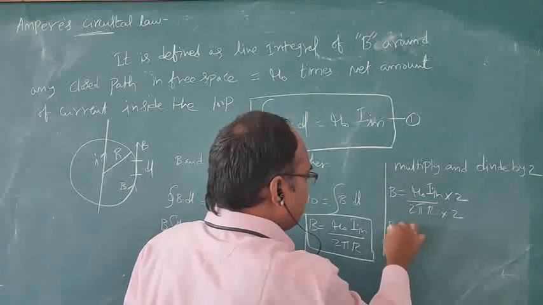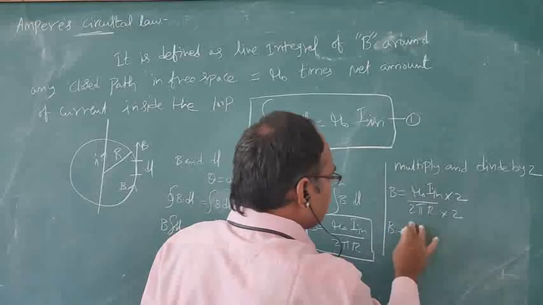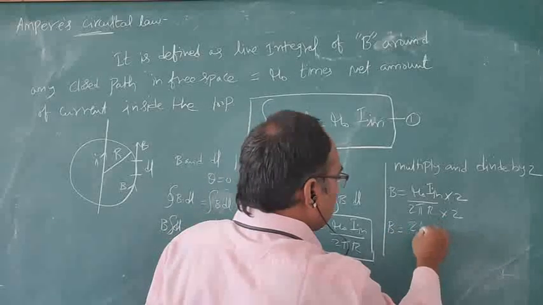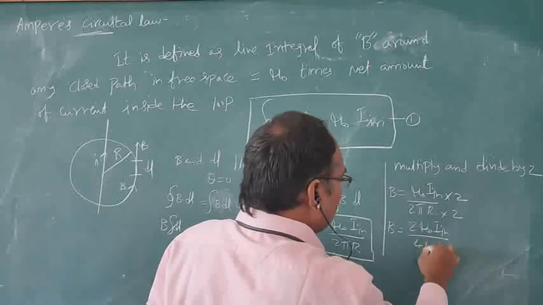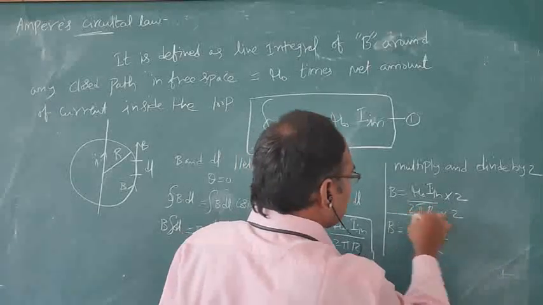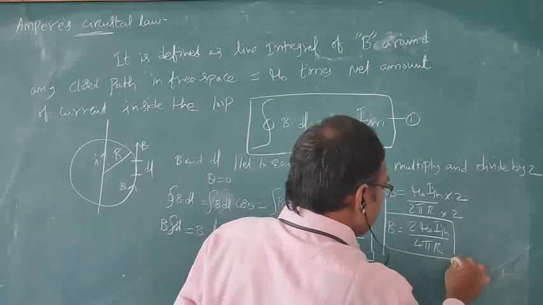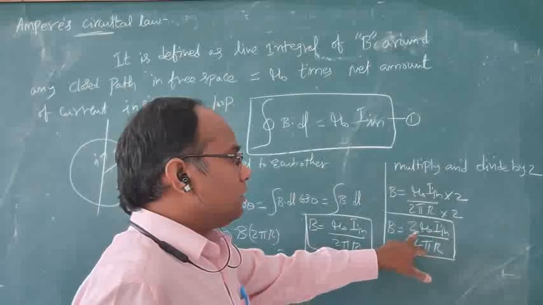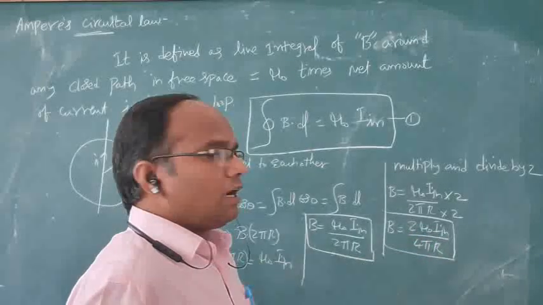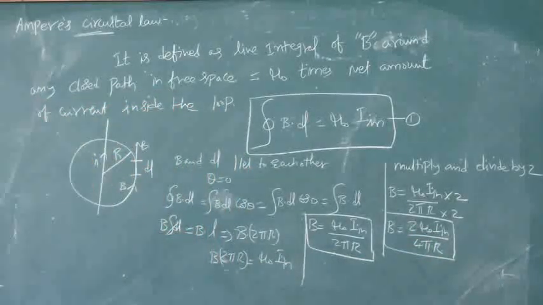So B is equal to 2 mu naught I in divided by 4 pi r. This is also mu naught by 4 pi into 2 I divided by r. So this is about Ampere's circular law.